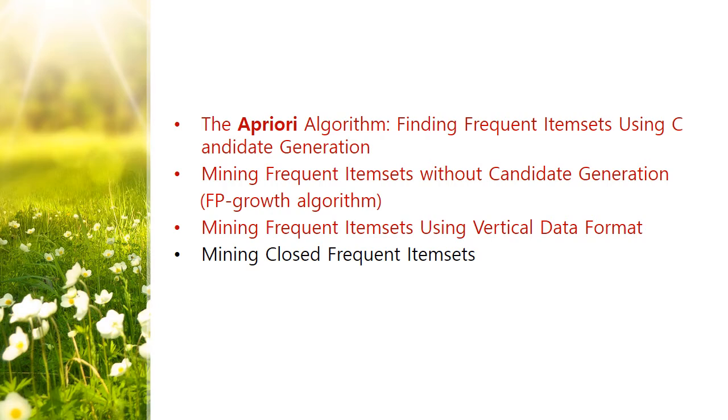Now we have studied two important techniques, that are Apriori and FP growth algorithm, and we will introduce two more techniques for frequent item set mining, that are mining frequent item sets using vertical data format and mining closed frequent item sets. I will introduce these concepts in a short manner because usually the topics asked in this particular session are from Apriori algorithm or at most FP growth algorithm.